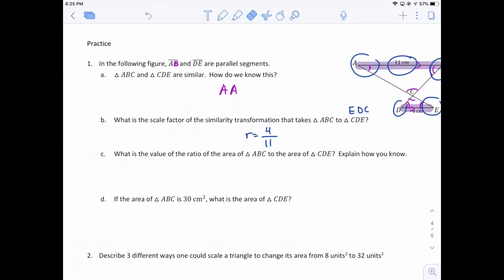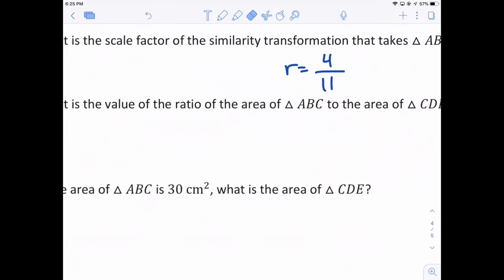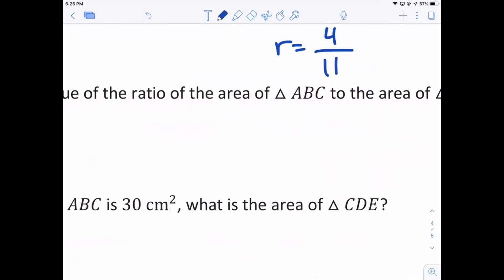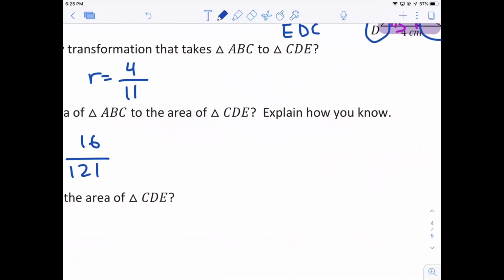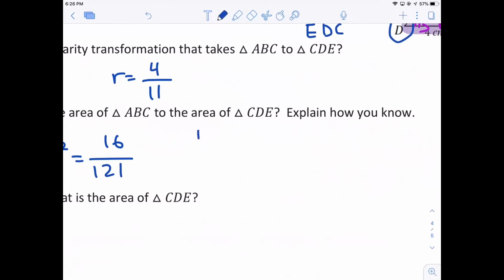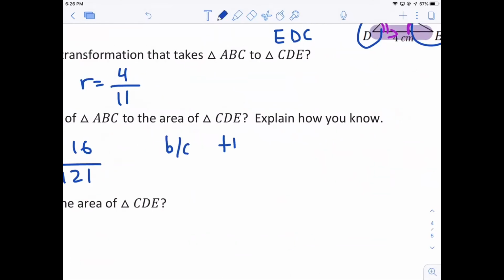So what is the value of the ratio of the area of triangle ABC to the area of triangle CDE? Explain how you know this. So the ratio of the areas is going to be R squared, or 16/121. Right, explain how you know. I know this because, again, this should really say EDC.